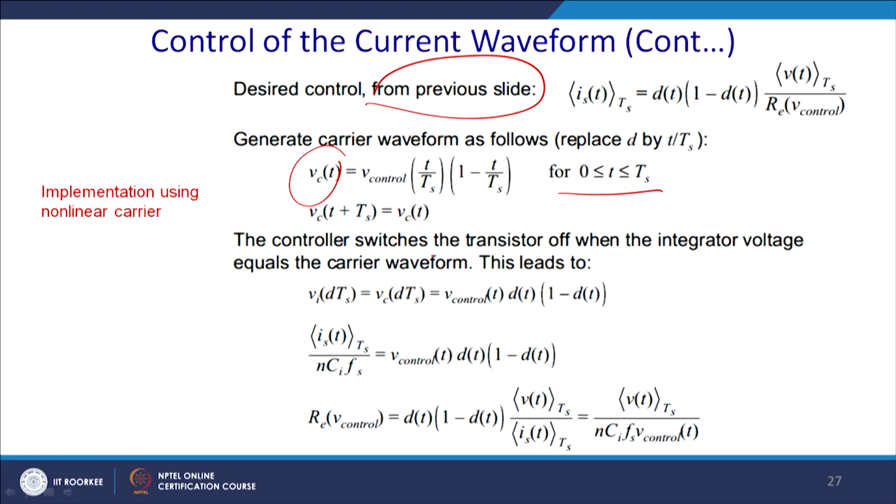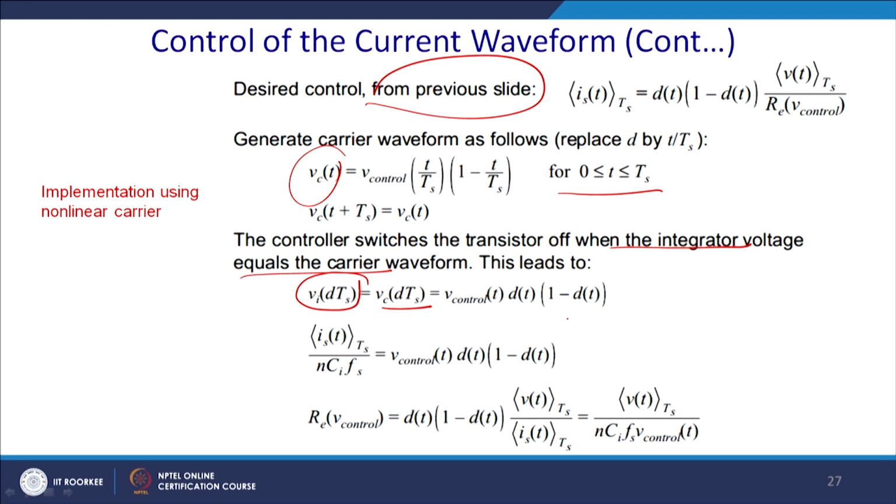The controller switches the transistor off when the integral voltage equals the carrier waveform. This gives Vi dTs equal to Vc dt, and thus equal to V control dt into 1 minus dt.